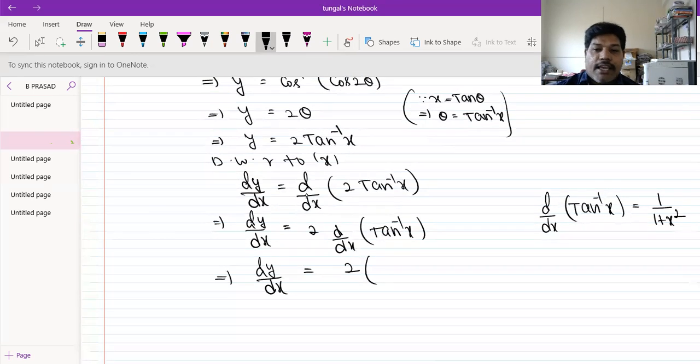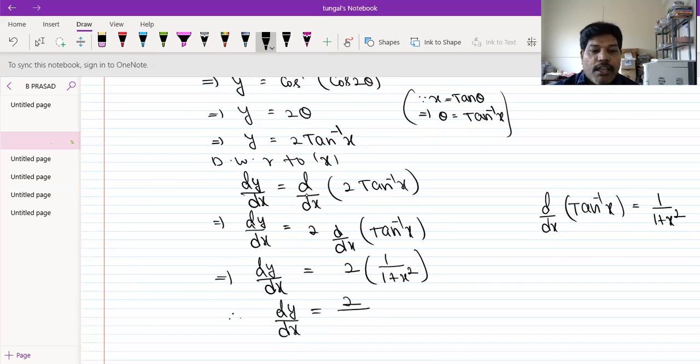So therefore, dy by dx is equal to 2 by 1 plus x square.